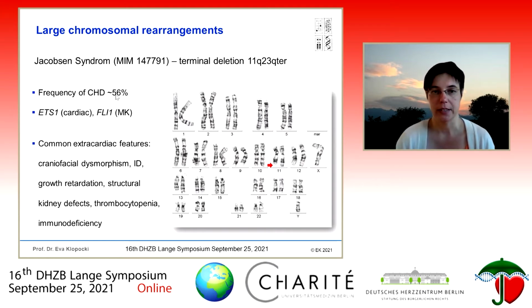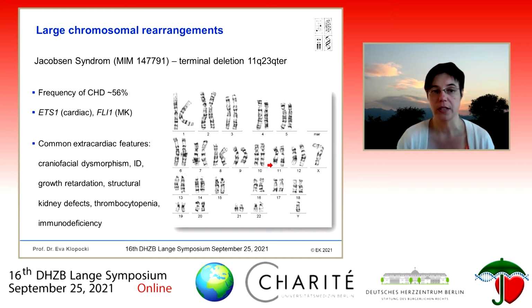Frequency of cardiac defects is about 56%. And there are actually 2 critical genes. One is the transcription factor ETS1, responsible for the cardiac phenotype. And a second gene, FLI1, which is responsible for megakaryocyte development and differentiation.